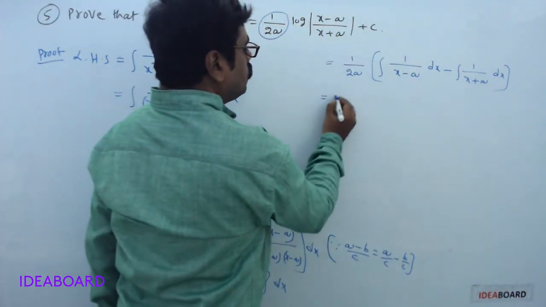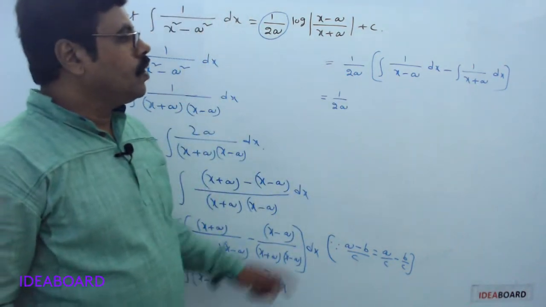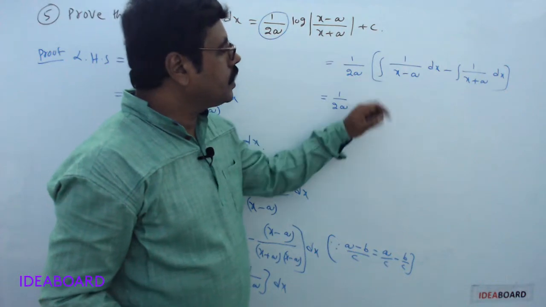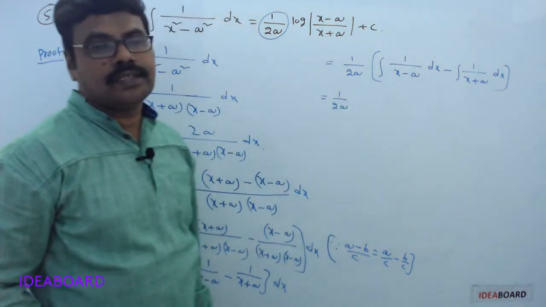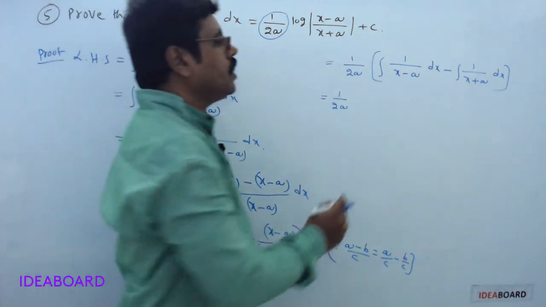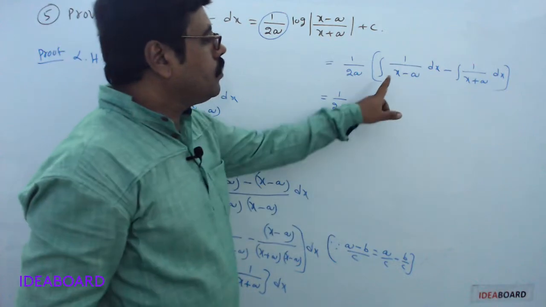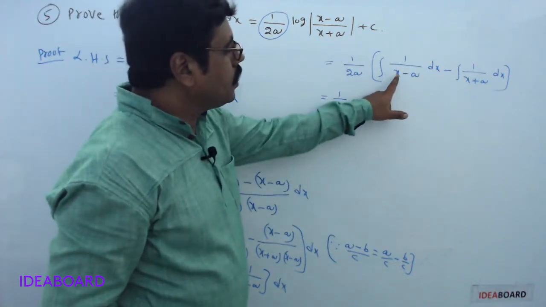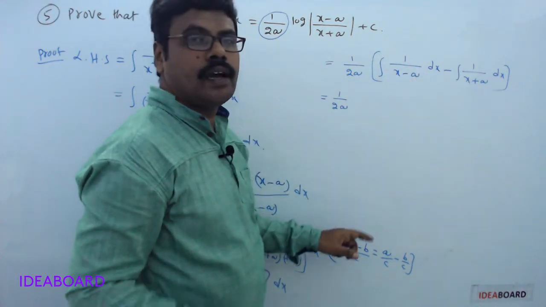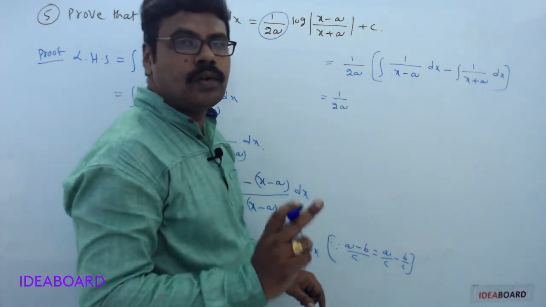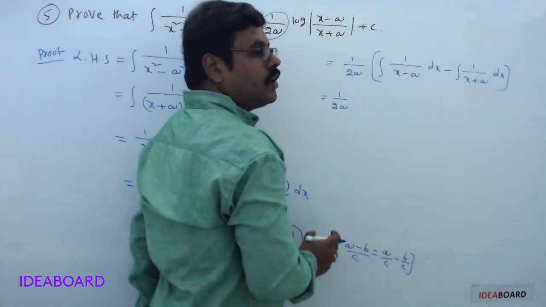Now this equals 1 divided by 2a into, what is the value of integral 1 divided by x minus a dx? First observe the derivative of x minus a. Derivative of x is 1. A is the constant term, its derivative is 0. So derivative of x minus a is 1.